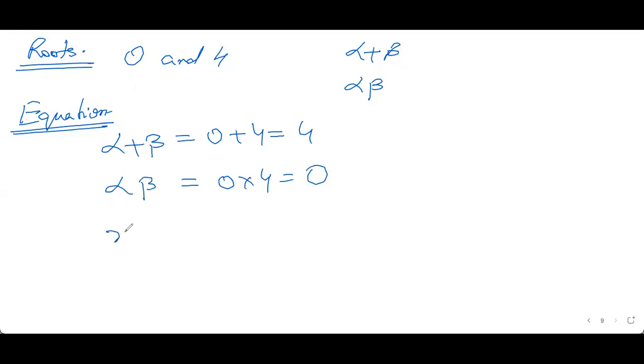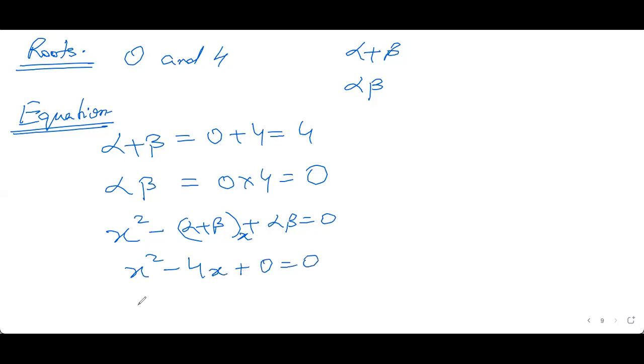So our equation, if we are writing it in x, will be x square minus (alpha plus beta)x plus alpha beta equals 0, which comes to x square minus 4x plus 0 equals 0. This is in the general form. And if we simplify it, our answer will be x square minus 4x equals 0. Both are correct answers. And you can also write it with y or m or n.